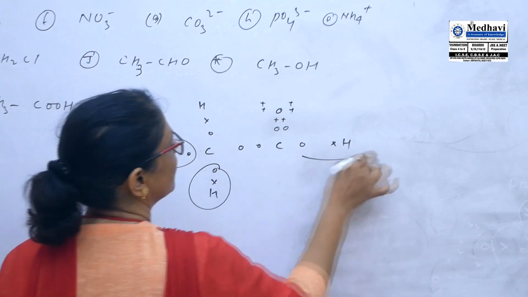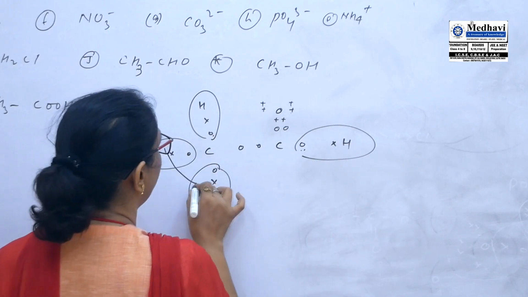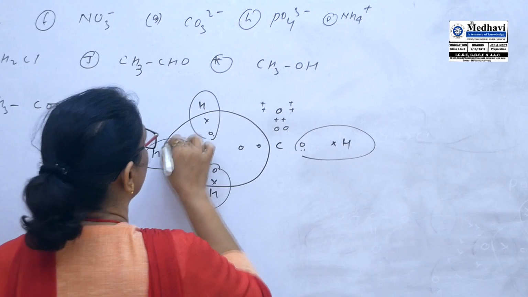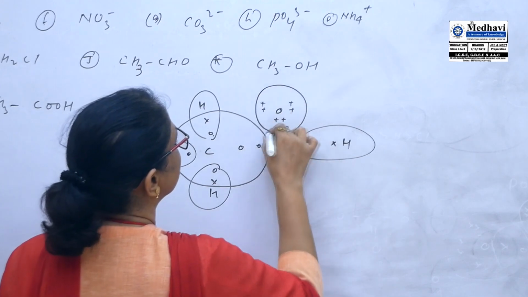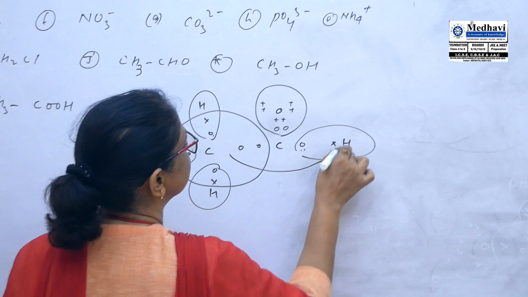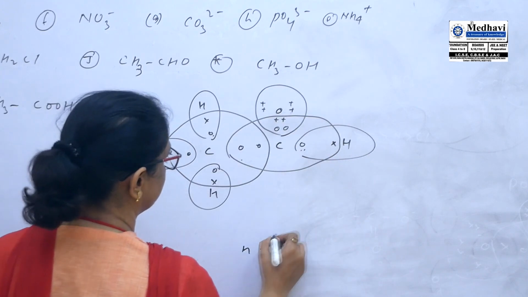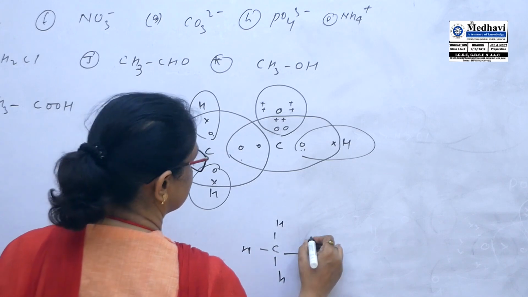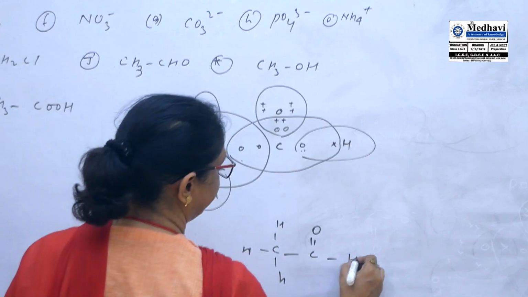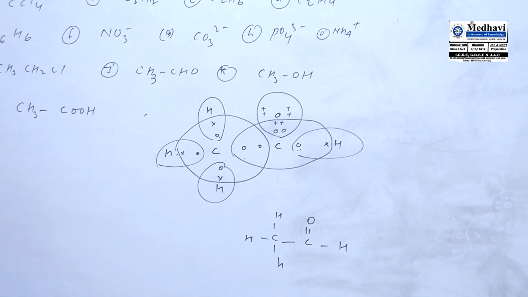Duplet, octet, octet, duplet. So here single, single, single, double, single. This is the structure of aldehyde group.